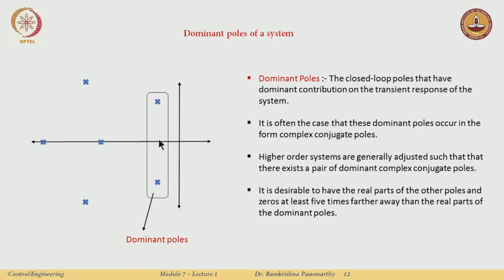They could also just be sitting on top of each other, say at s equal to minus 1. Higher order systems are generally adjusted such that there exists a pair of dominant complex conjugate poles, in which case we would restrict our analysis to these two poles, and we could do the entire analysis and design.